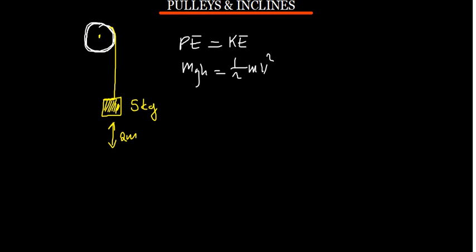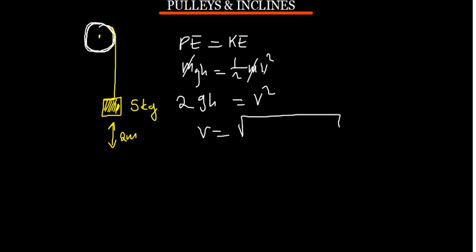The masses will cancel out, so this gives us gh, with a 2 here, being equal to v squared. So v is the square root of 2 multiplied by 9.8 multiplied by the height, which is 2. That will give us the velocity.